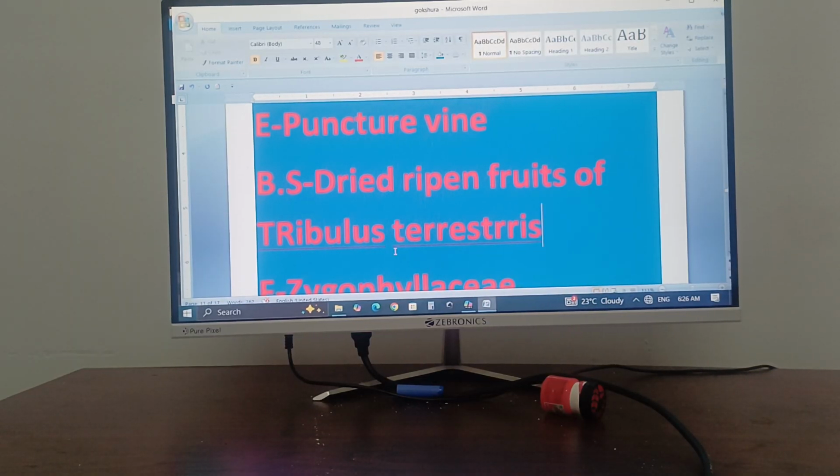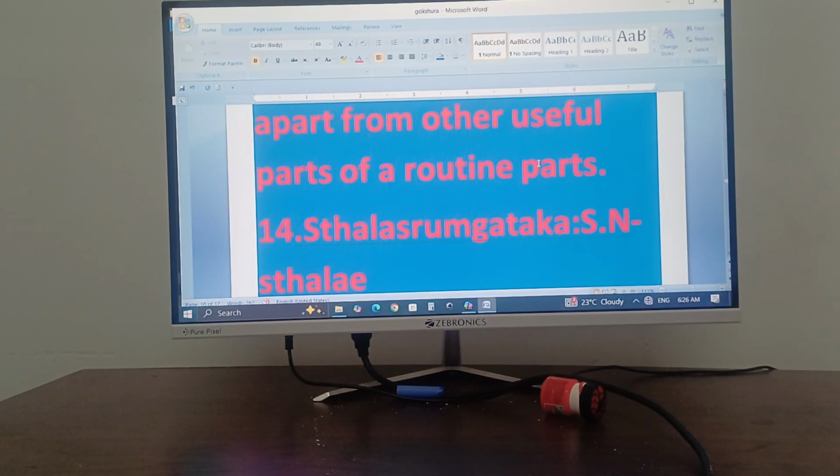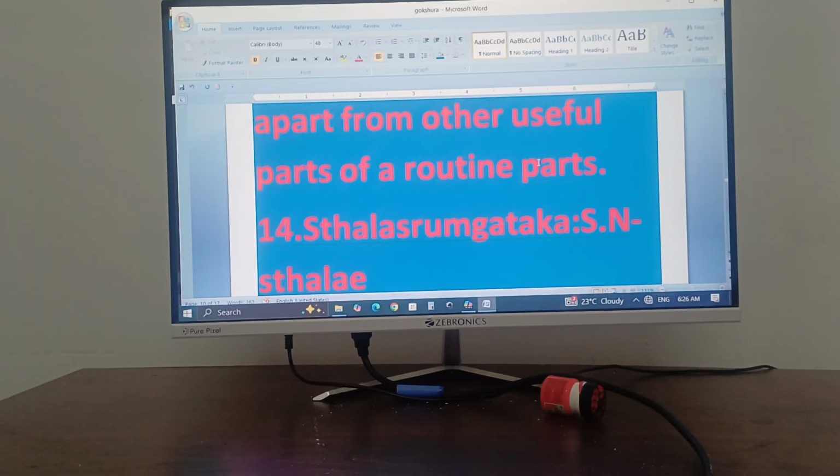If very good, at least 4 to 5 points in examination, at least from the viva point of view, you can score more marks. Thank you for sparing your valuable time regarding identification of Gokshura. Of course, in modern point of view, a lot of information is there for identification. But classically, what is mentioned in our classical science also, we are supposed to understand what our acharyas express. Is it not? Thank you.